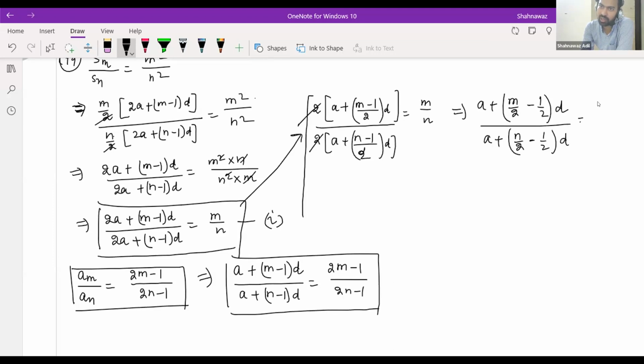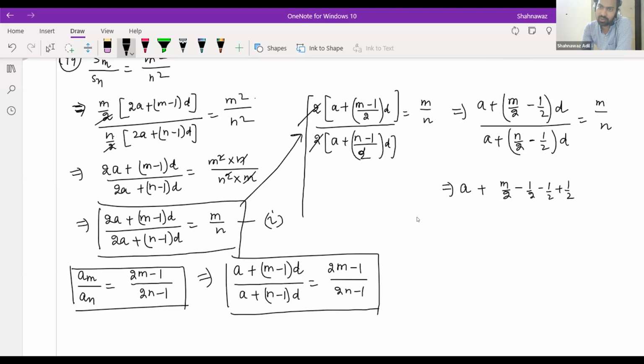This is am by an. Let me write this as a plus m by 2 and minus half. So I can subtract minus half and add plus half, right?